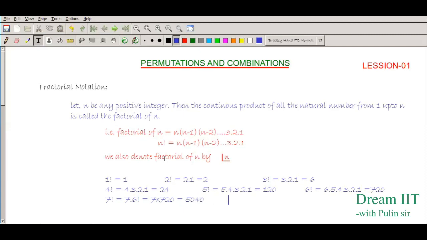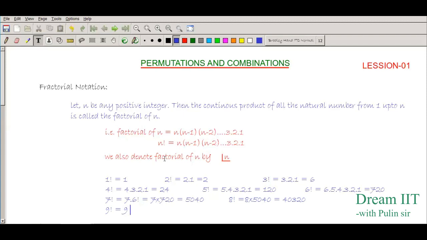Then 8 factorial is 8 times 7 factorial, and 7 factorial means 5040. 8 5s are 40, and this is 30, so it is 40320. If I get anything wrong anywhere, please tell me.